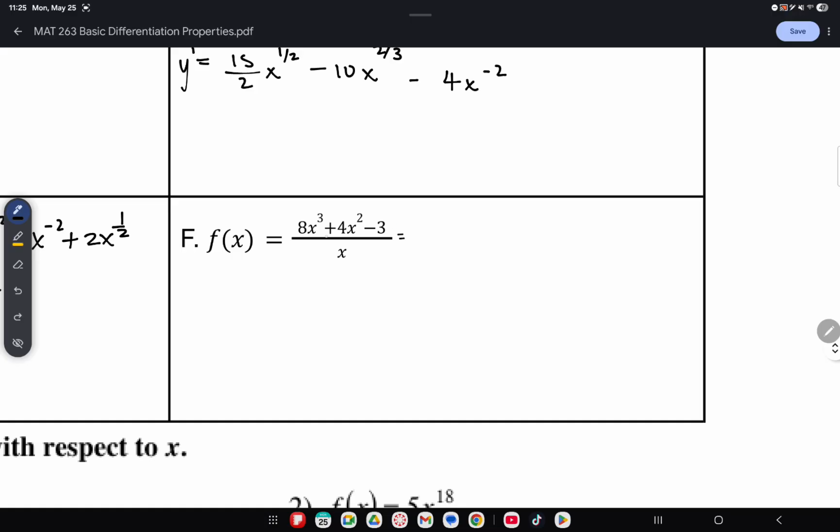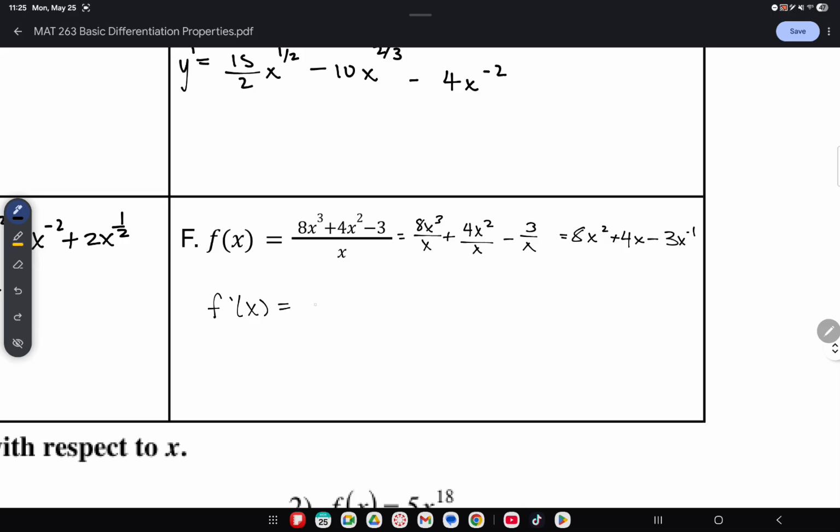I'm just going to divide each term by x. So 8x cubed divided by x plus 4x squared divided by x minus 3 over x. Let's simplify a little further because I can do a little simplifying. That's really 8x squared plus 4x minus 3x to the negative 1.